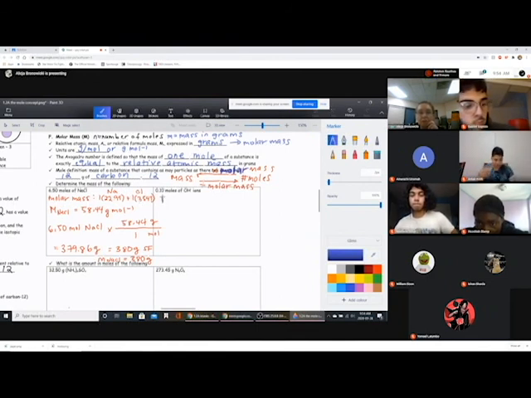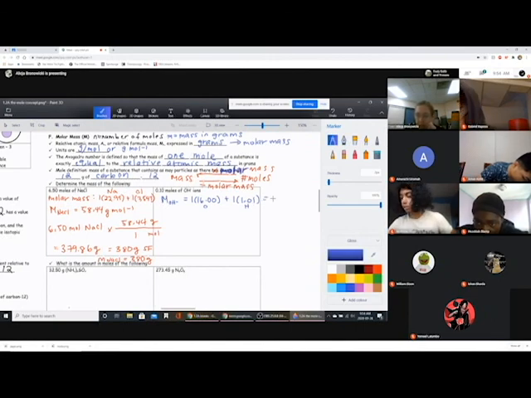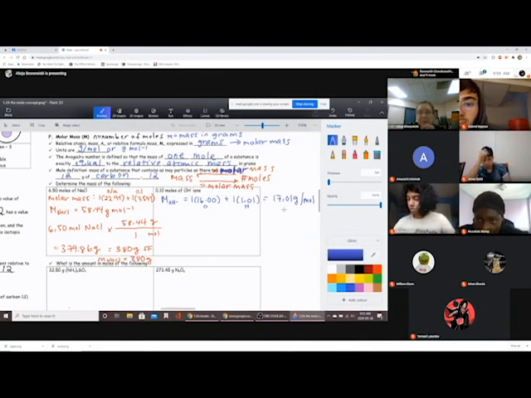So my molar mass of OH minus, I just have 1 oxygen, so 1 times 16.00, that's my oxygen, plus 1 times 1.01, that's my hydrogen, and that's equal to 17.01 grams per mole. So if I wanted to weigh out 1 mole of OH minus, I'd weigh out 17.01 grams.